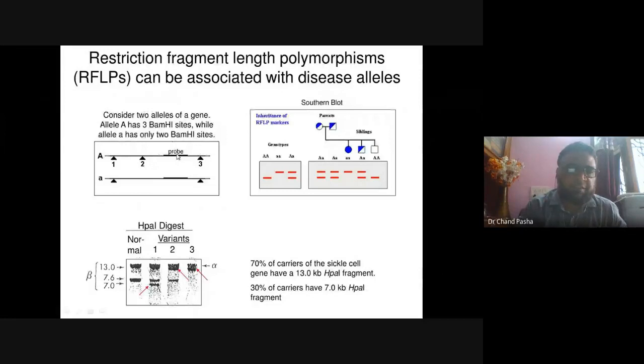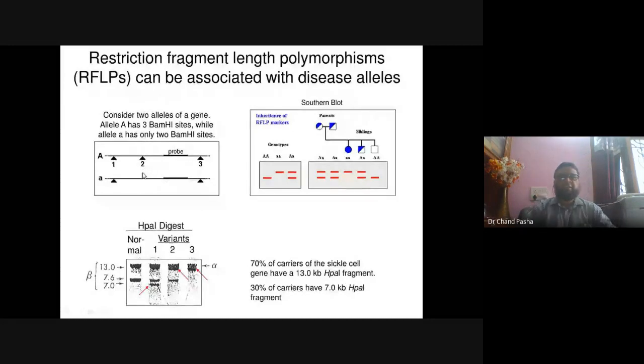In the mutated allele, the second restriction site got mutated. Now it is not cutting at this region. Restriction sites are like GAATTC.